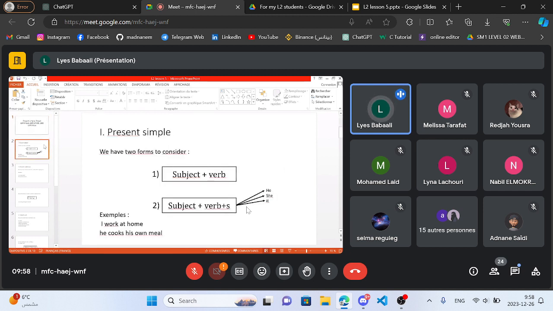So for the present simple, we have two forms to consider to make a verb in present. We have the formula subject plus verb or subject plus verb plus s. It all depends on the subject.